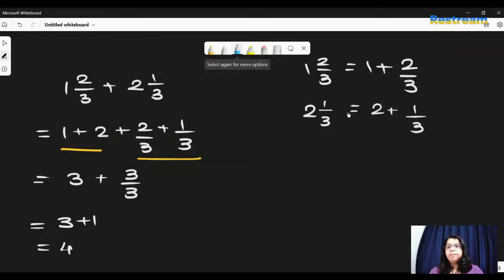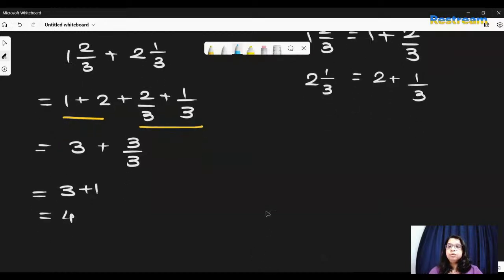For another way, we can do it in this way. So we have 1 2 by 3 plus 2 1 by 3. Okay, so what is going to happen? We are going to convert this into improper fractions.